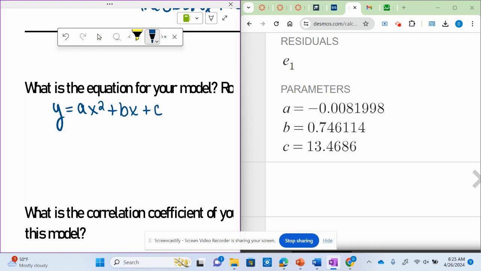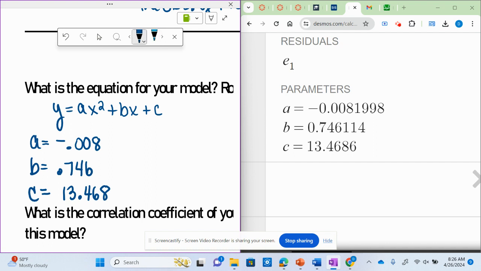So my values that I got are an a value of negative 0.008. My b value is 0.746. And the c value that I got was 13.468.